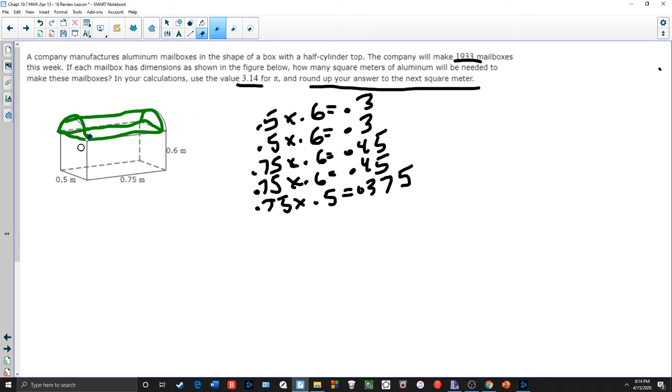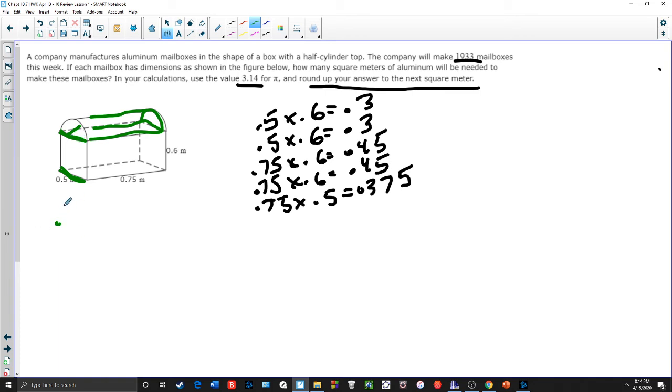It doesn't tell me what the radius is automatically, but it does tell me that this right here is 0.5, which means that this line right there is also 0.5. And if you notice, that's the diameter of this little half circle, right? This half circle has a diameter of 0.5, which means if I want just the radius, I can just cut that in half.